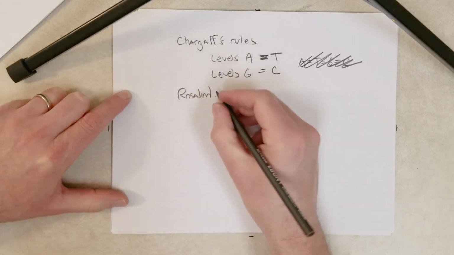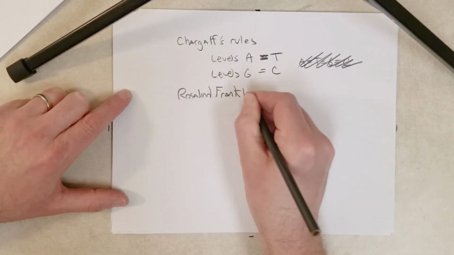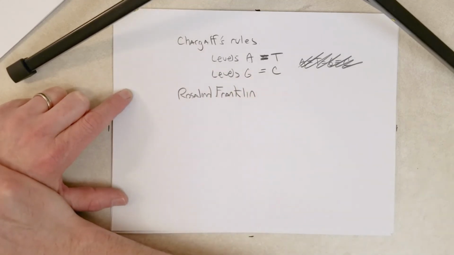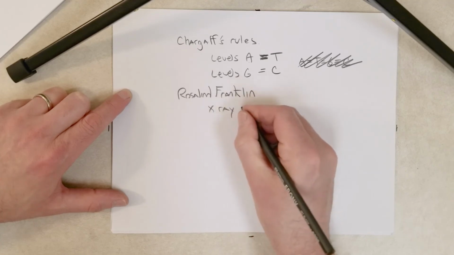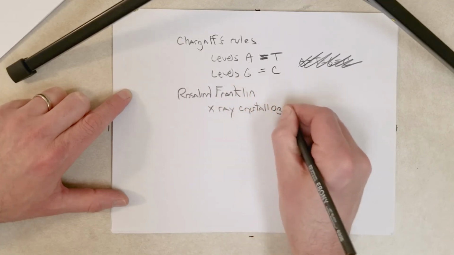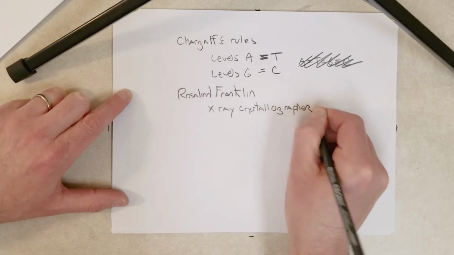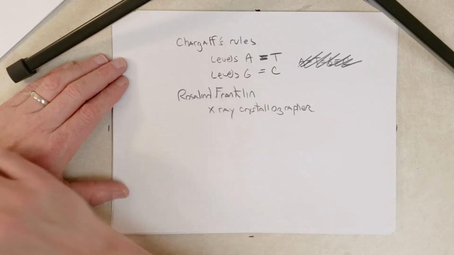Then another key major discovery was made by Rosalind Franklin. Rosalind Franklin was one of the best X-ray crystallographers of her time. And she was studying DNA, trying to figure out the structure by performing X-ray crystallography.